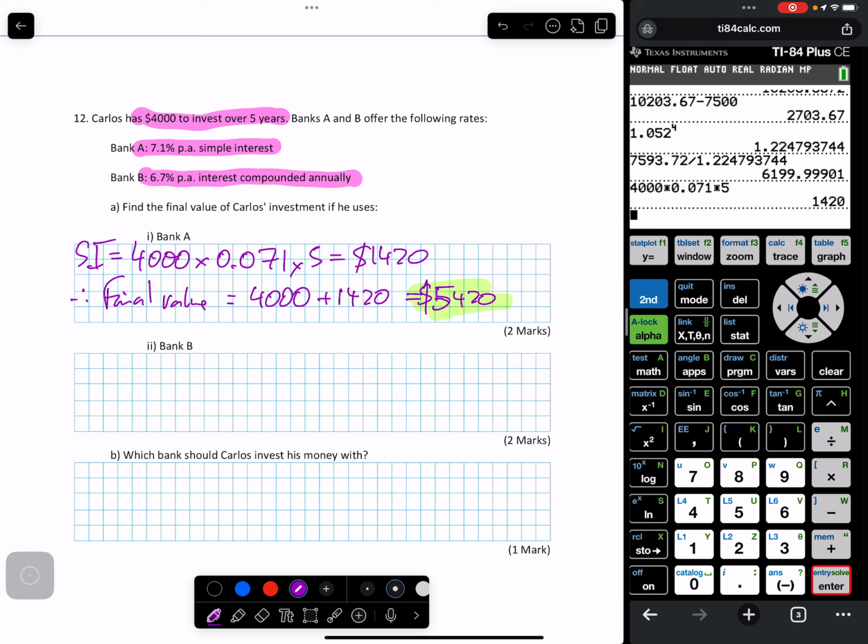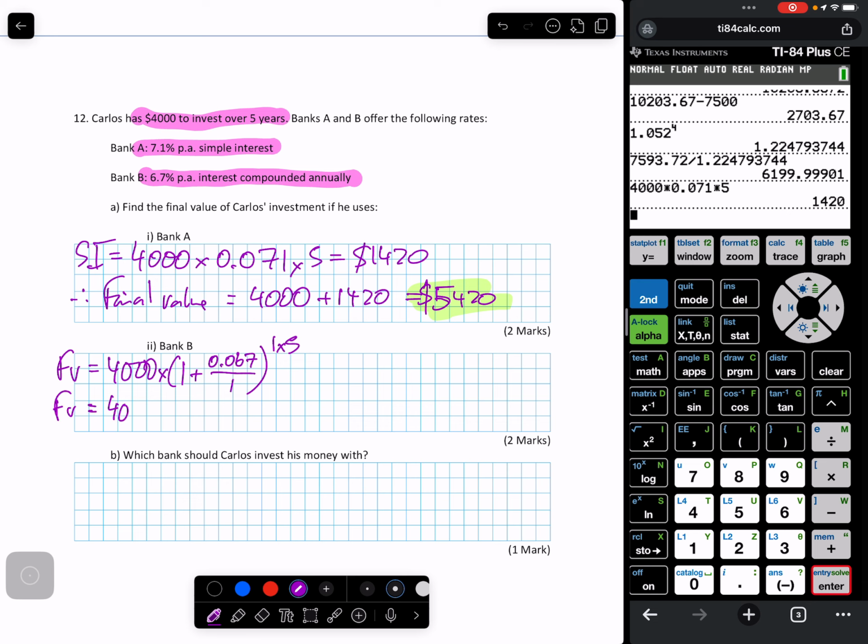Bank B is compound interest, so FV equals, he invested $4,000 times by 1 plus the interest rate of 0.067, compounding annually, so over 1 to the power of 1 again, to the power of 5, not to the power of 1 times by 5.